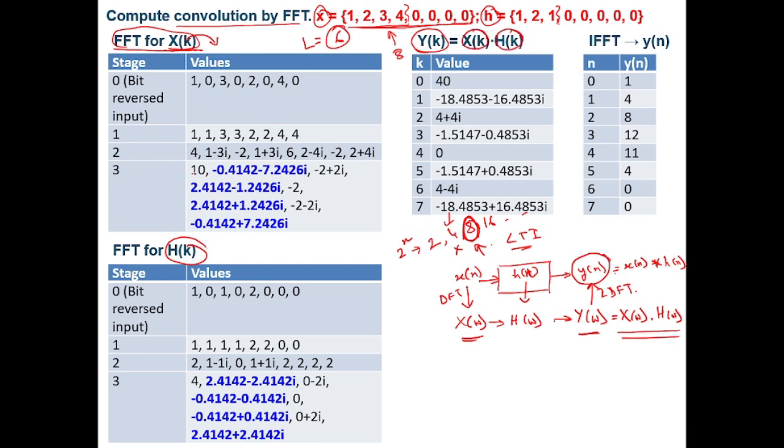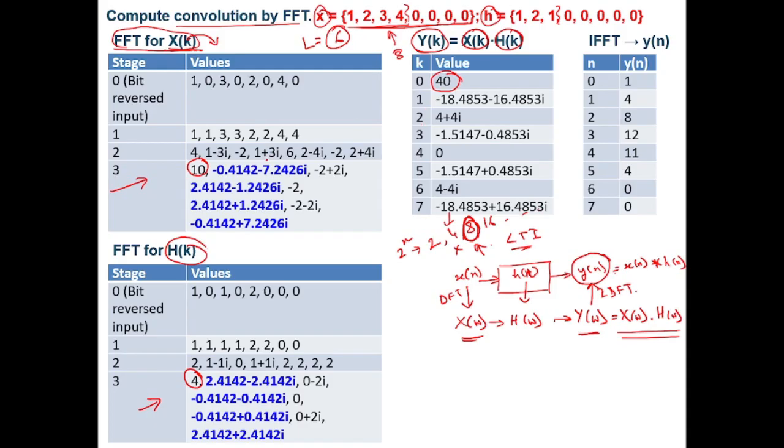So what does this mean? If you see, in both the cases, alternatively I have highlighted the numbers. At k equals 0, I am having 10 in x of k, whereas in h of k I am having 4. So 10 multiplied by 4, I am having at k value 40.